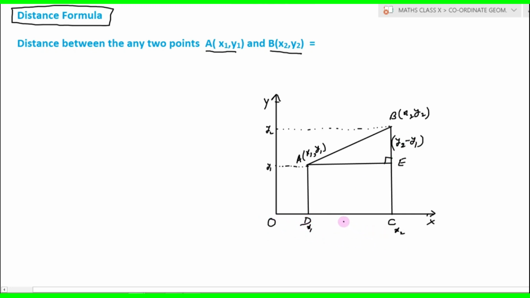So this value is x2 minus x1. So DC is equal to AE because this is a simple rectangle shape. So AE also will be x2 minus x1. All these things you have to represent first by a statement.